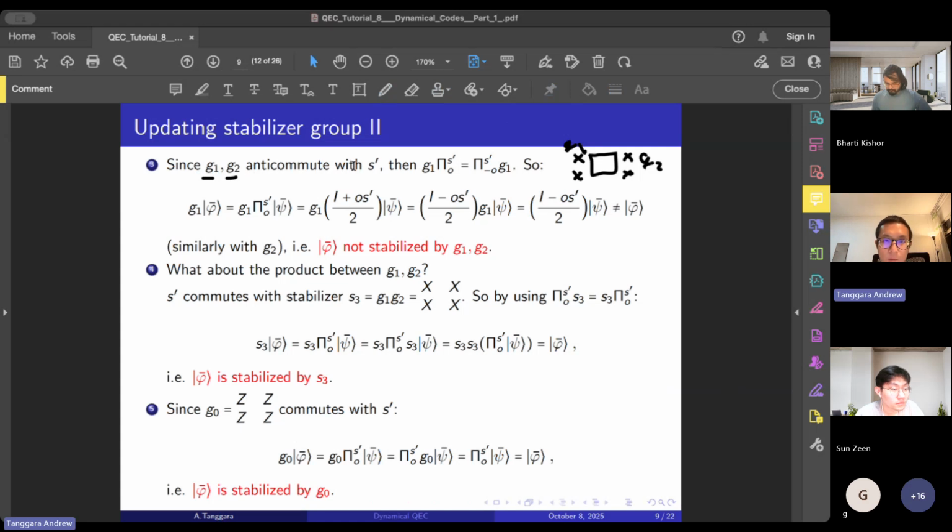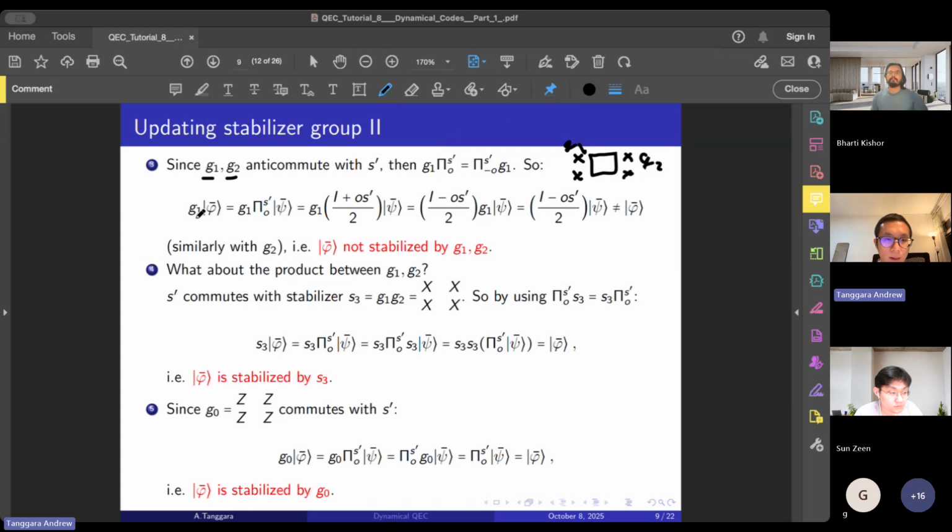So they anti-commute with this S prime. So that's what that means, right? So like my measurement outcome here, if it's O, if I commute this G1 or G2 to the other side of this projector, then I'm gonna get the minus of that.